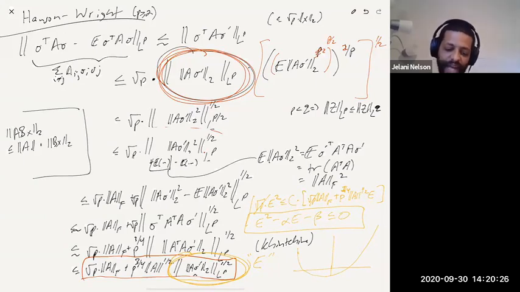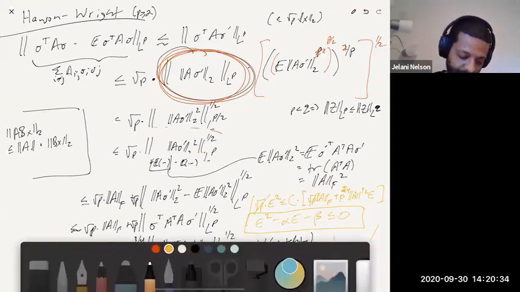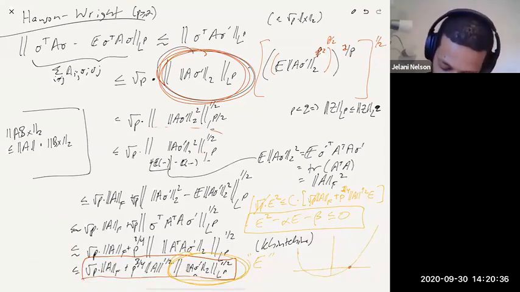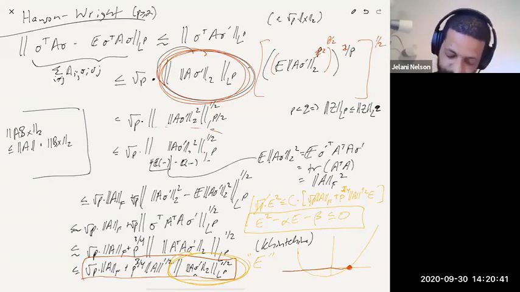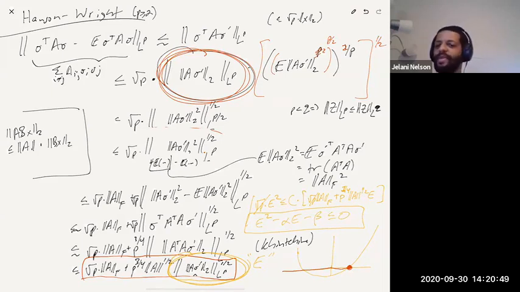And I'm telling you that I'm in a region where the quadratic is non-positive, which means that E has to be left of this point. It has to be somewhere here. Does that make sense? So I just got an upper bound on E, which is exactly what I wanted.